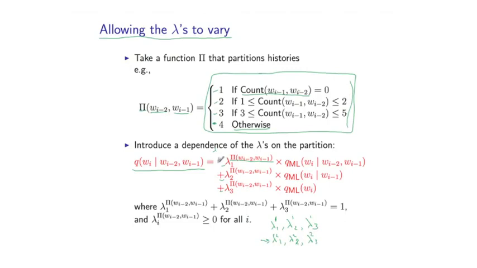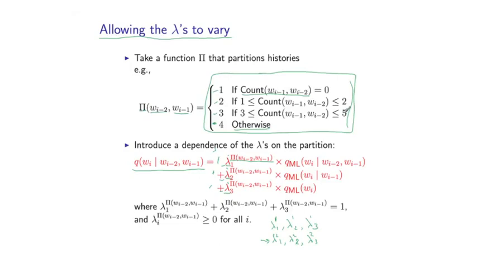So notice that these lambdas now vary depending on which partition the bigram falls into. Now, what's the motivation for this step? It basically means that these lambdas can vary depending on the partition which the bigram falls into, and hence they can vary depending on the count of the underlying bigram.